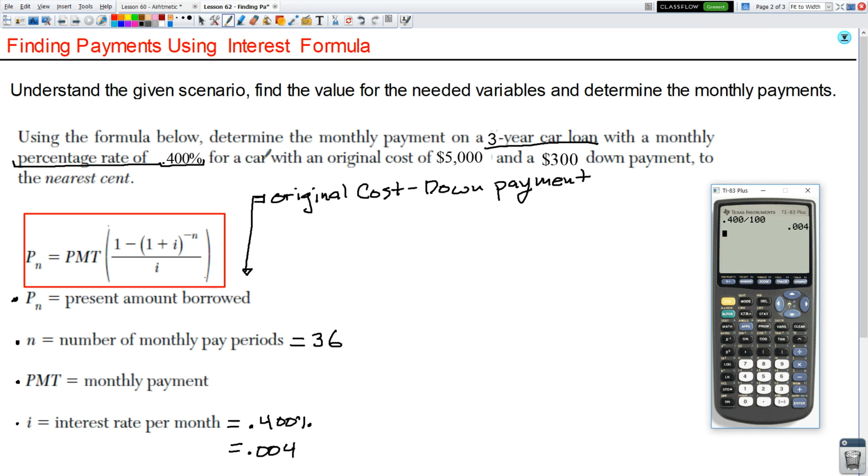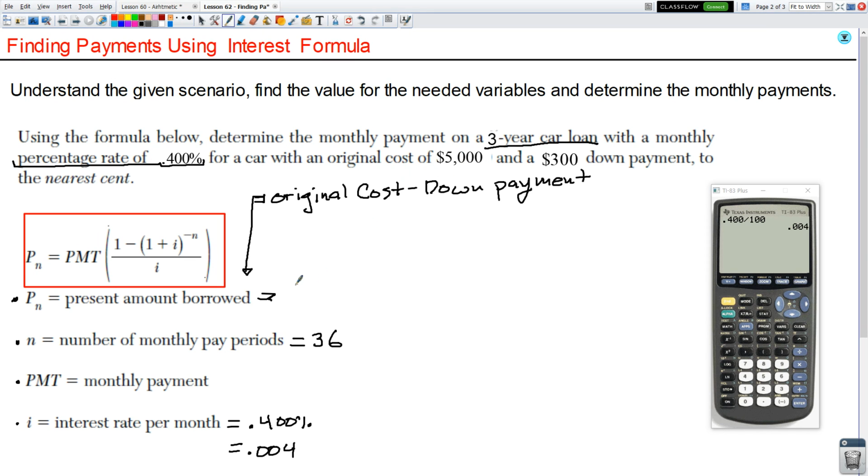Let's continue reading to see if we can find out the value for any of those variables. Now, it says for a car with an original cost of 5,000 and a down payment of 300. So notice that we can use that information to figure out the present amount borrowed, because we know that Pn is equal to the original cost minus the down payment.